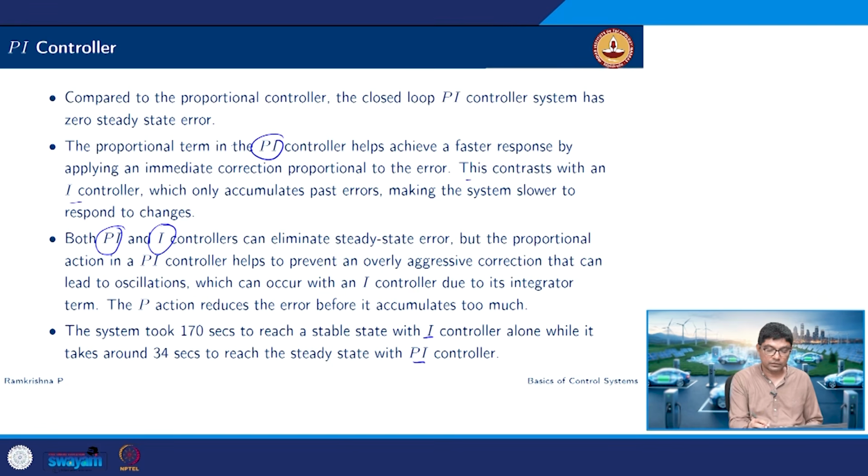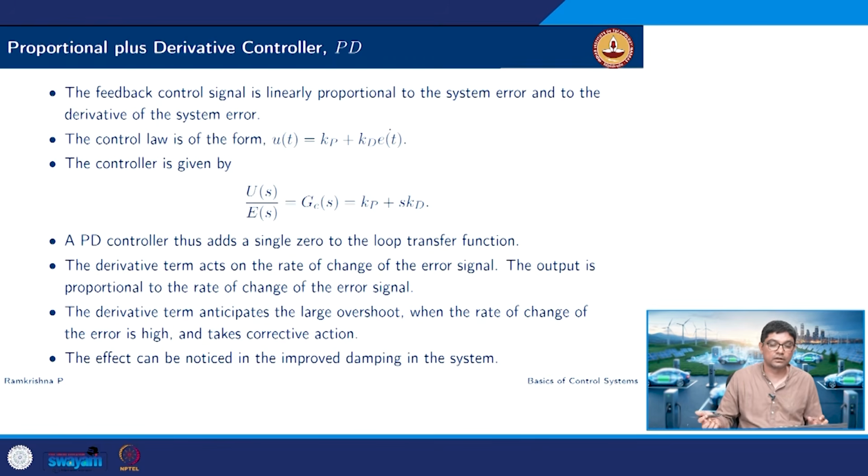The system took 170 seconds to reach a stable state with the integral control alone, but this improved to 34 seconds with the help of a PI controller. In isolation, both may give individual effects, but together they will do a lot more than individual controllers.